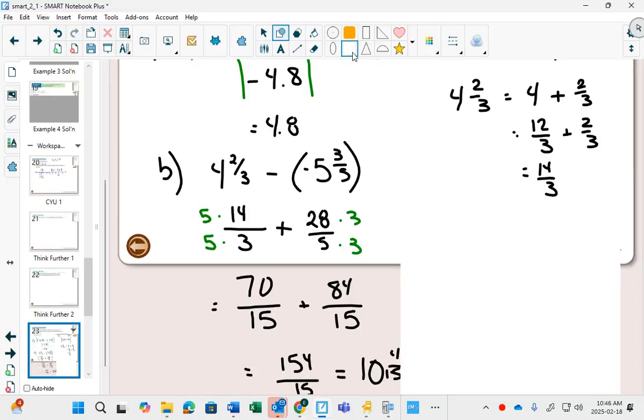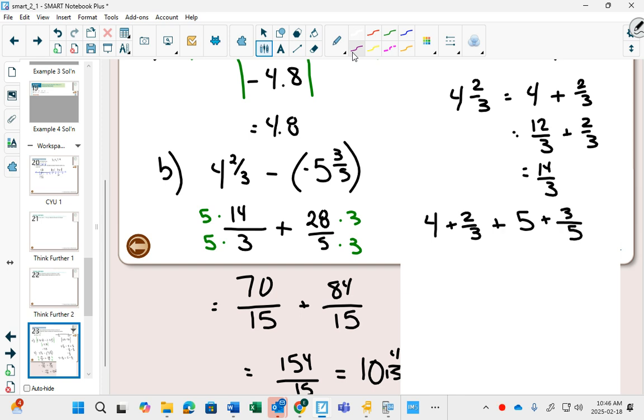I actually think if I was doing this in a better way, I would think of it like this. 4 2/3 minus the negative would be plus 5 3/5. If I thought of it this way, 4 plus 5 is 9. That's not hard math.